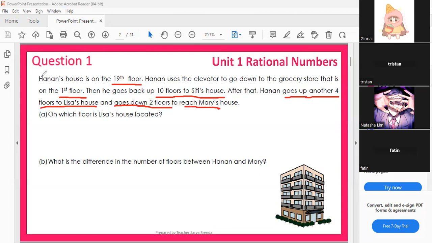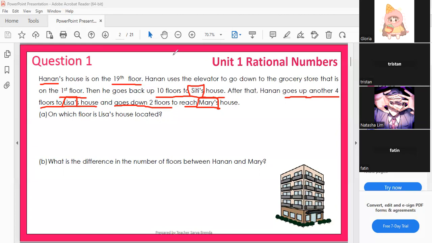So there are many people here, starting with Hanan, and then Siti, and then we have Lisa, and finally we have Mary. So you identify, you know roughly where the story is going, up and down. Look at your question. On which floor is Lisa's house located? Now, I may be reading slowly, but on your side, you have to try answering this.